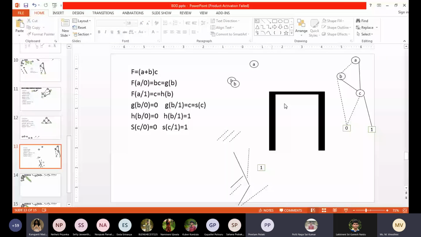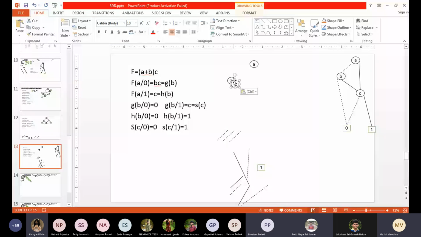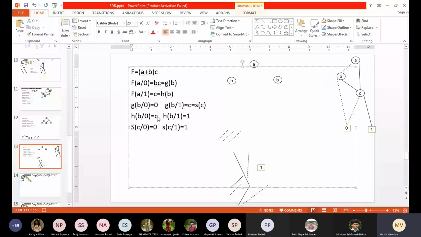Both are C. So I can consider it as S of C, correct? Because all these are in the same level. Yes, ma'am. Now it is right, huh? Yes, ma'am.